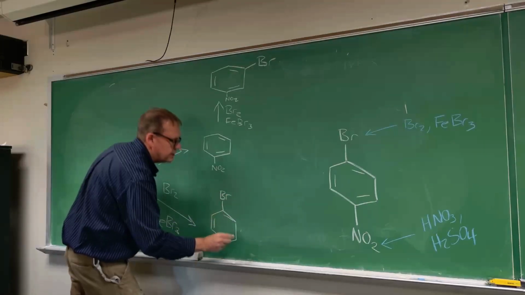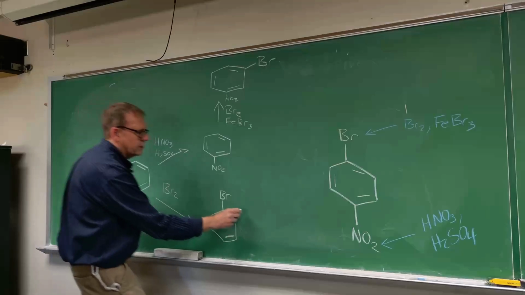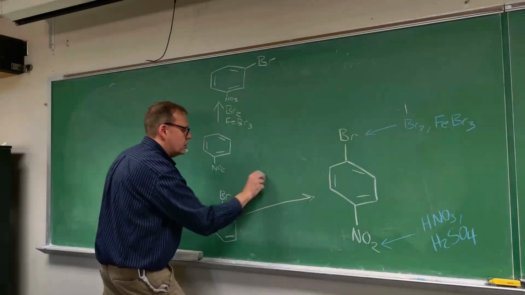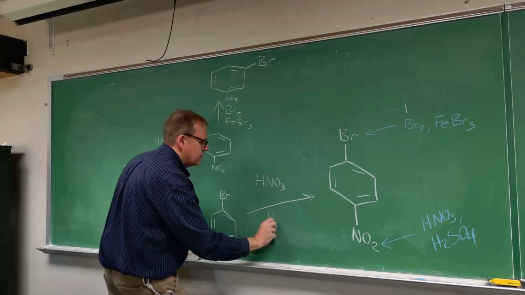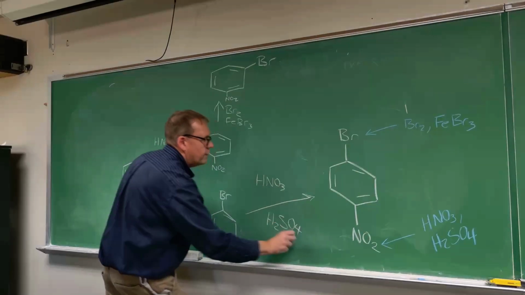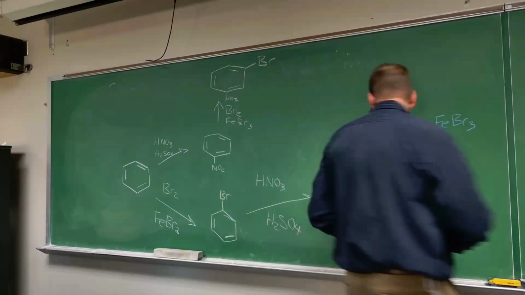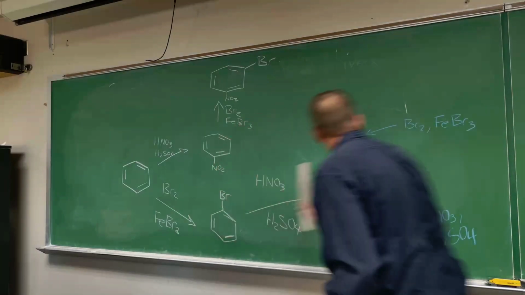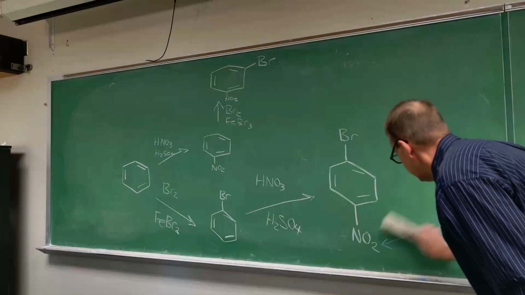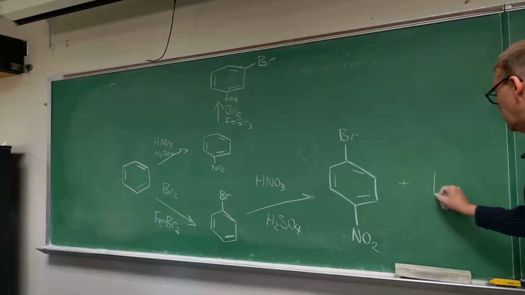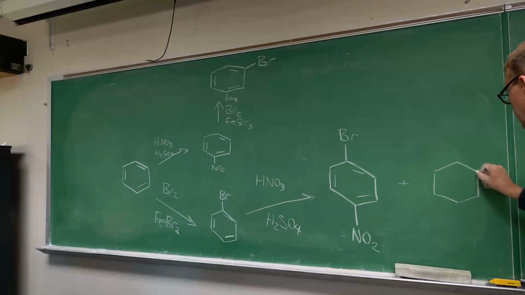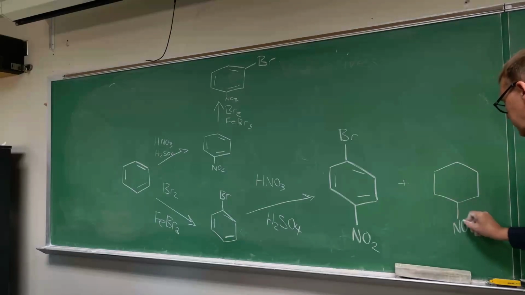And then since that's an ortho-para director, when you do the nitration, HNO3, H2SO4, this will be one of your major products. In addition to this, you'll probably also get an ortho version of this. You'll probably also get this as a major product.